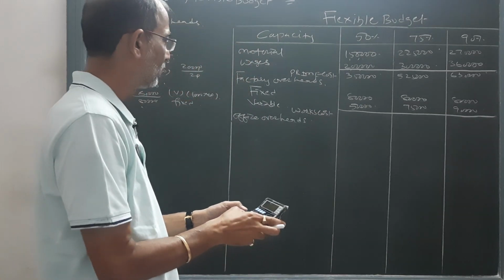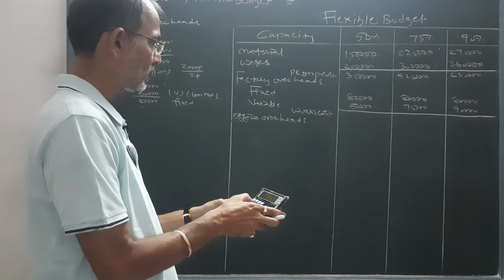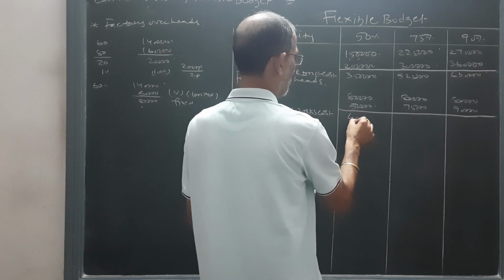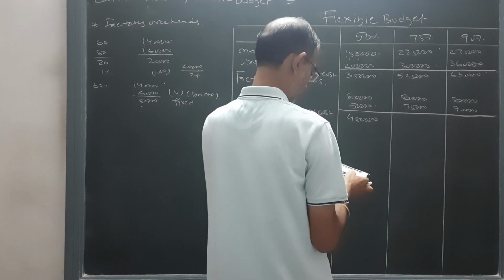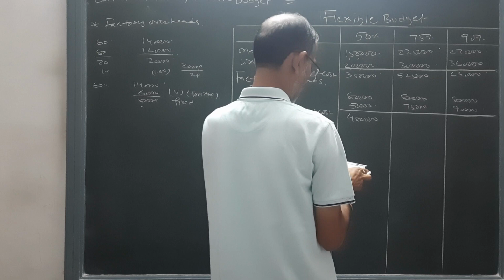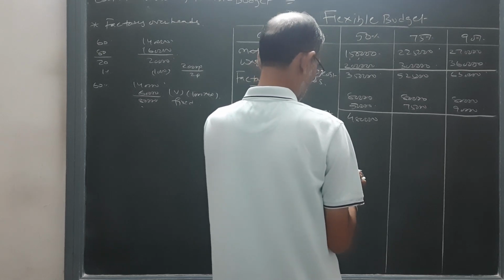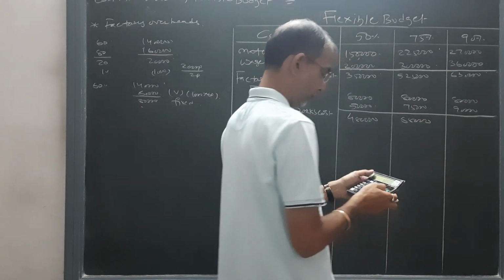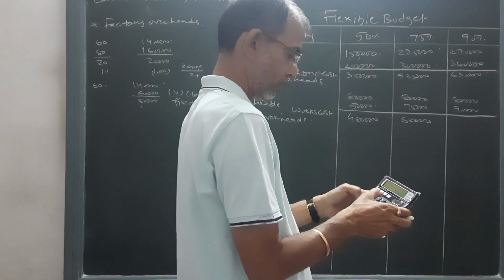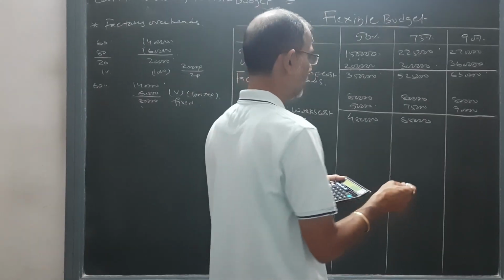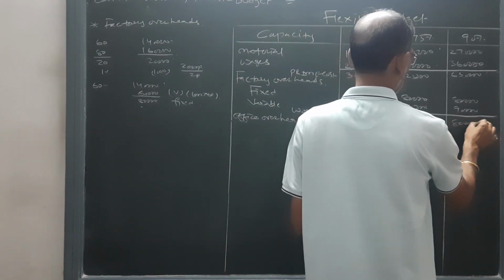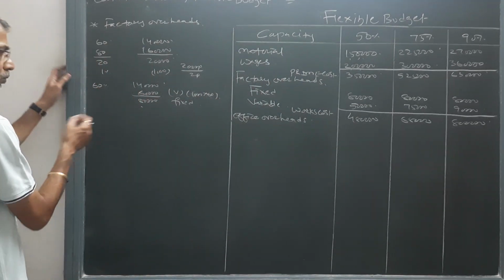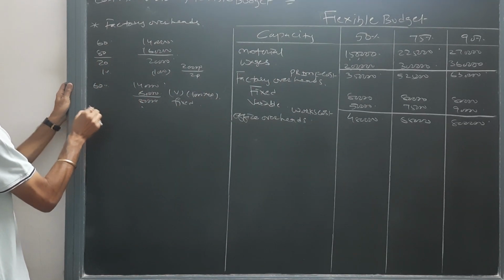So 350 plus 80 plus 50, 480, 525 plus 80 plus 75, 680, 630 plus 170, that is 8 lakh.